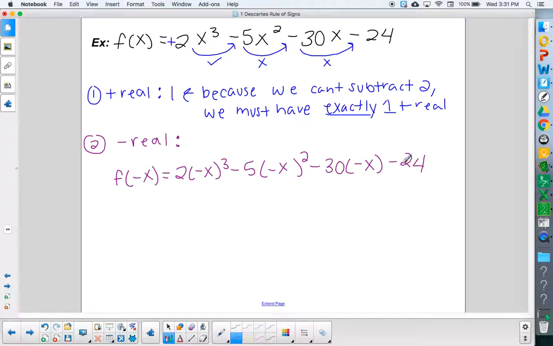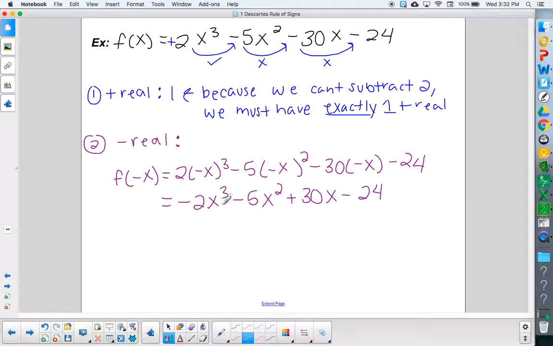Then it's thinking about what's going to happen as we apply these different exponents. If I cube a negative, my answer is also going to be negative, so I'm going to get negative 2x cubed here. If I square a negative, it's going to go back to being positive, so this term is going to stay the same. That negative 5 isn't going to change. Negative 30 times negative x is going to give me positive 30x, and then nothing is affecting that 24, so it's going to stay negative.